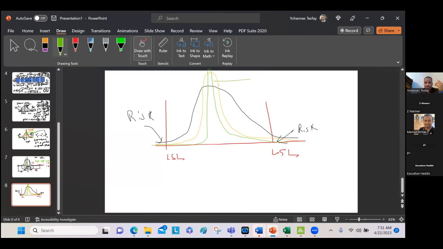The green one, isn't it? This is less risky. Why? Because sigma square for the green is much less than sigma square for the red, and this is less than sigma square for the yellow process.